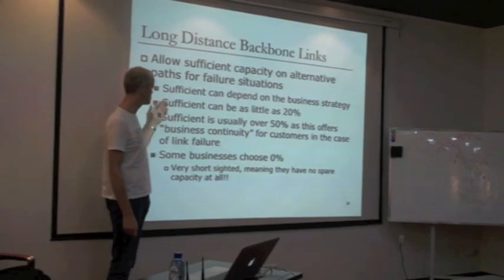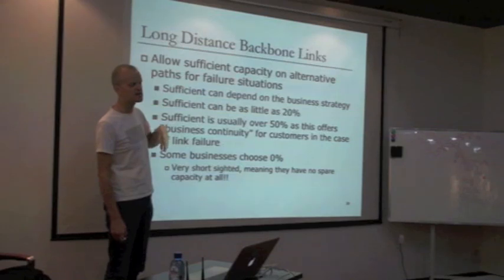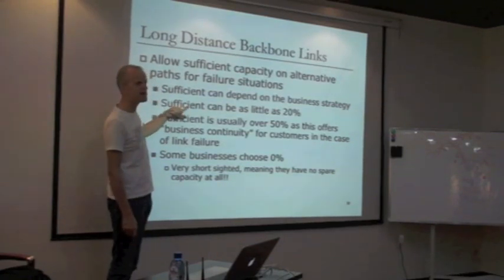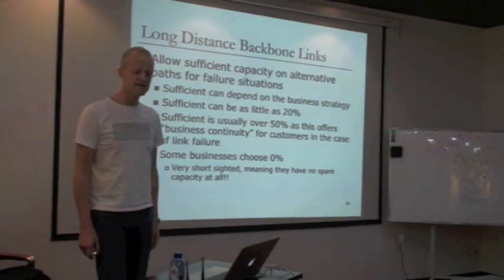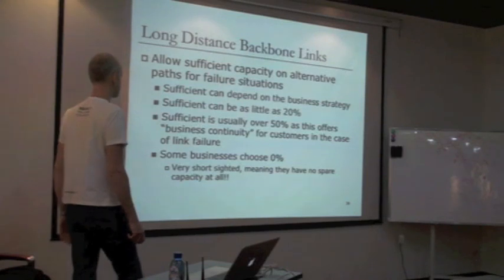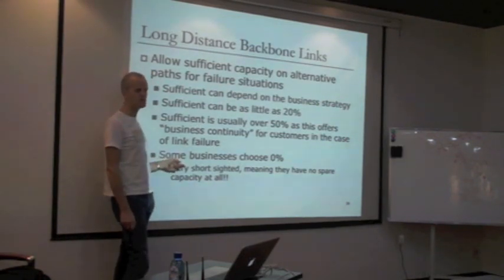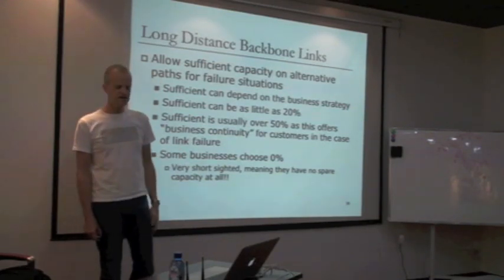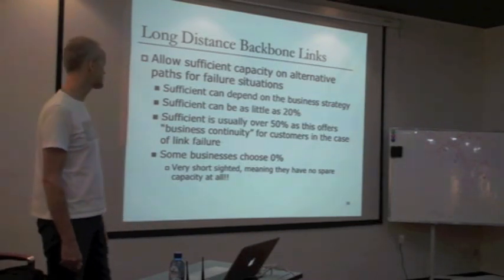Some ISPs push it to 20%. You can tell by the price of their services. If they are cheaper, then they have less overhead available in the network. So if the network breaks, you're more likely to get serious congestion. Some businesses actually choose 0% overhead. They deliberately run the network congested, and instead they try and buy rate limiters to limit what their customers can do.